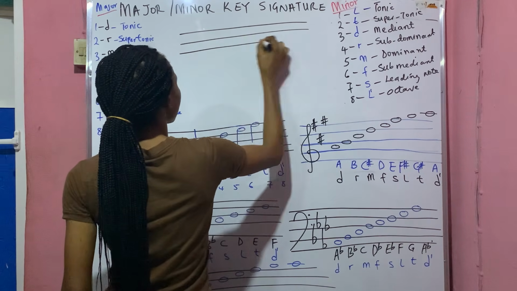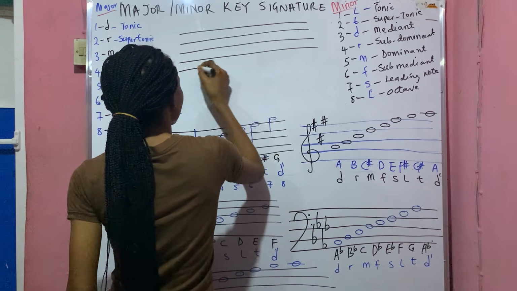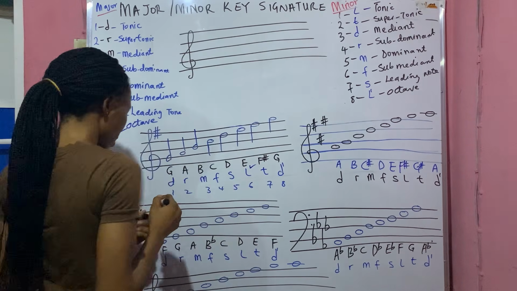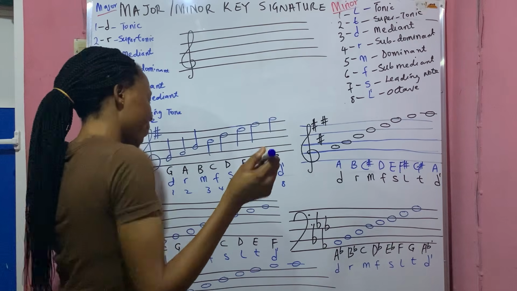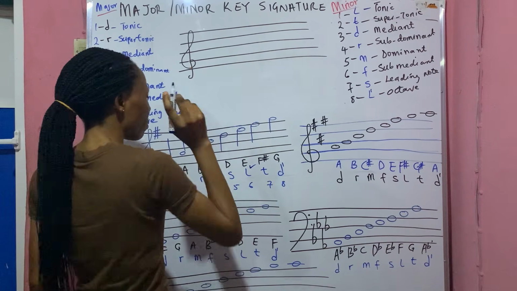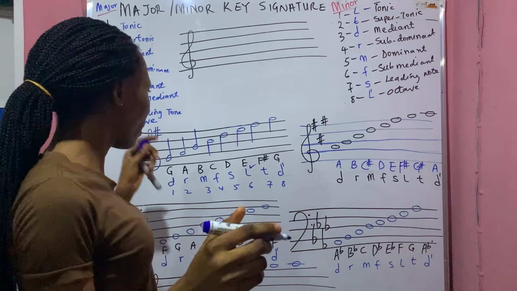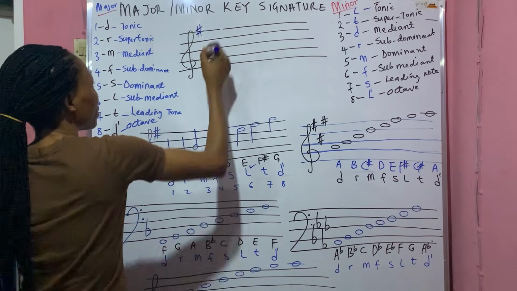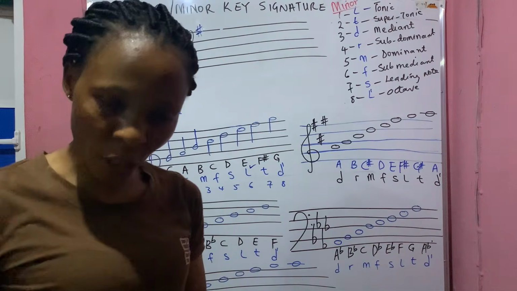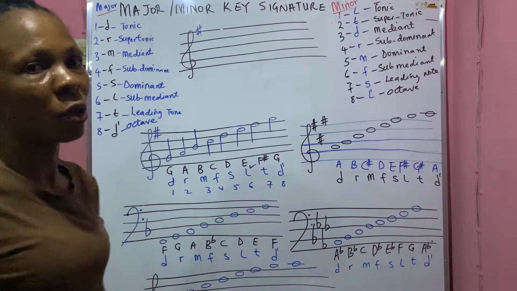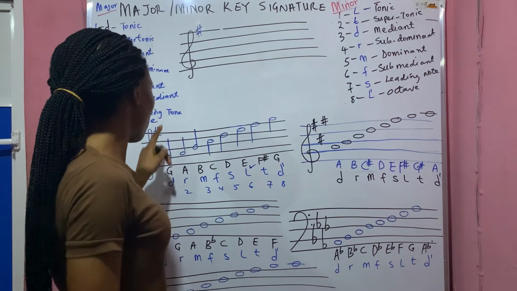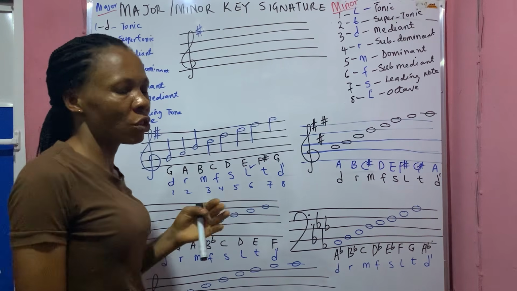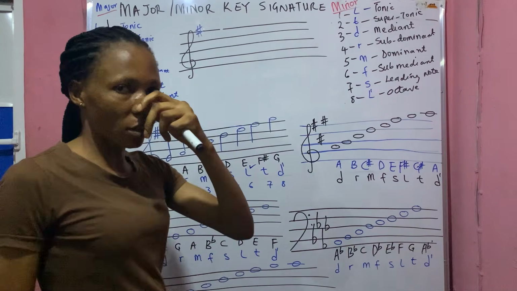So we have, let's see, this is in the key of G. G is the tonic. In the key of E minor, E is the tonic, and both of them have one sharp. So E minor has one sharp, G major has one sharp. The only difference between the two is the tonic. In G major, the tonic is G. In E minor, the tonic is E.